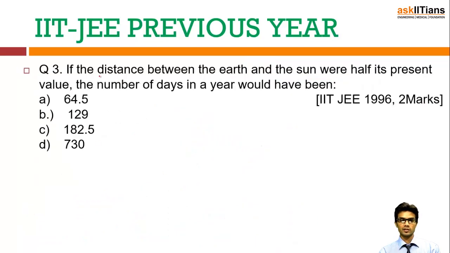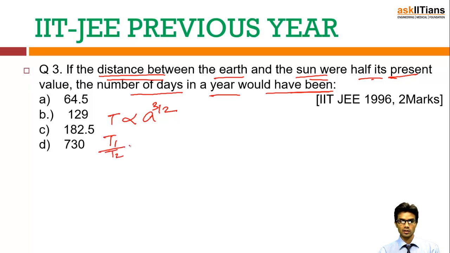Question number 3. If the distance between the earth and the sun were half its present value, the number of days in the year would be. We know that this is about time period and distance. Time period is directly proportional to a to the power 3 by 2. So T1 by T2 is equal to a1 by a2 to the power 3 by 2.